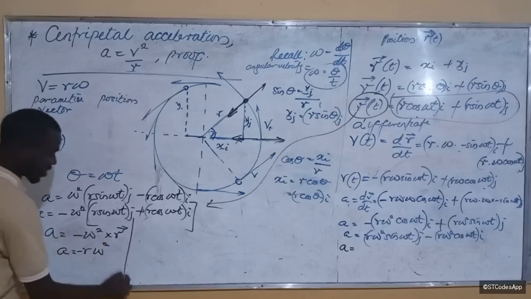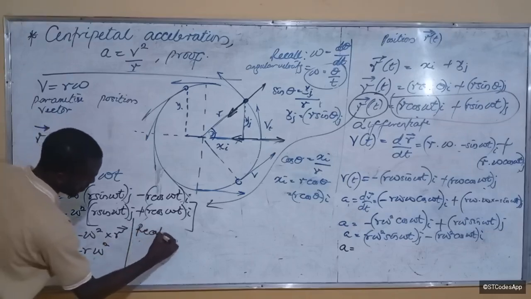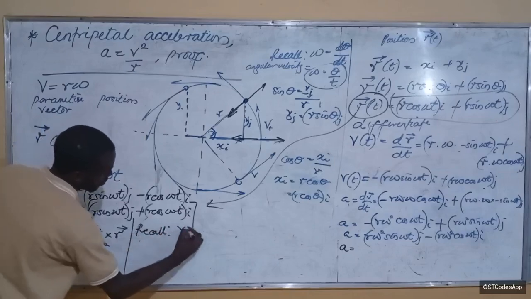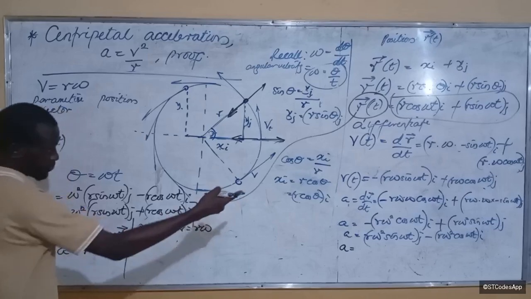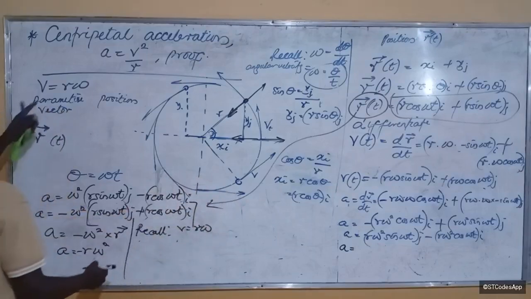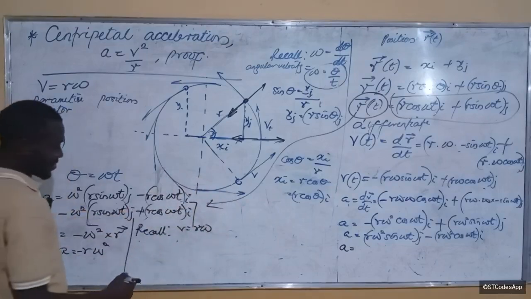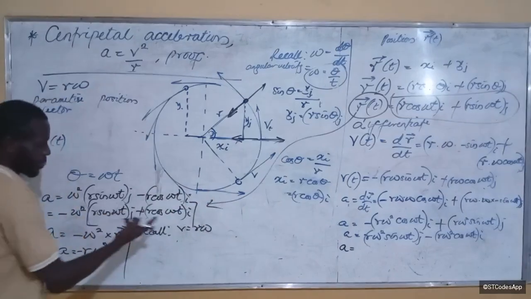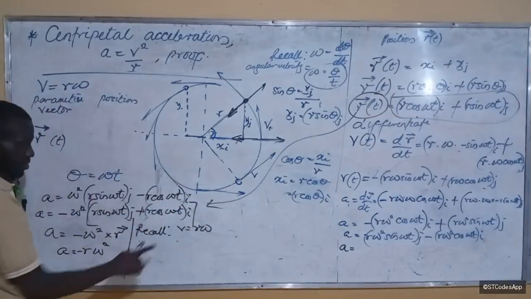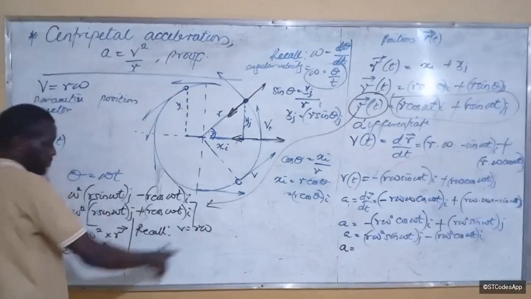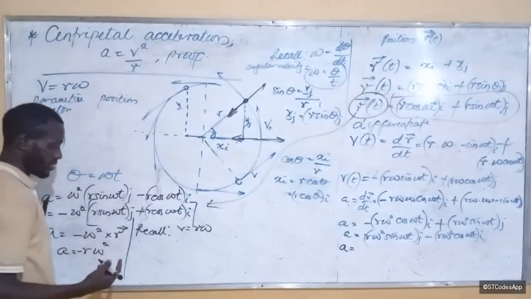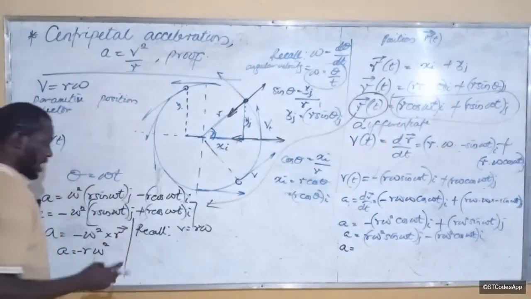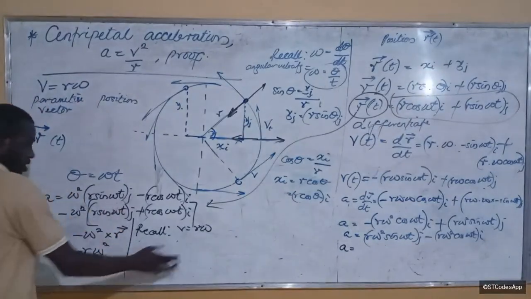So recall that we said that V is equal to R omega. I tried to prove that here, but some people may not get it. So I'm going to show you again, but for those of you that understand circular motion, I'll still prove it, just watch.